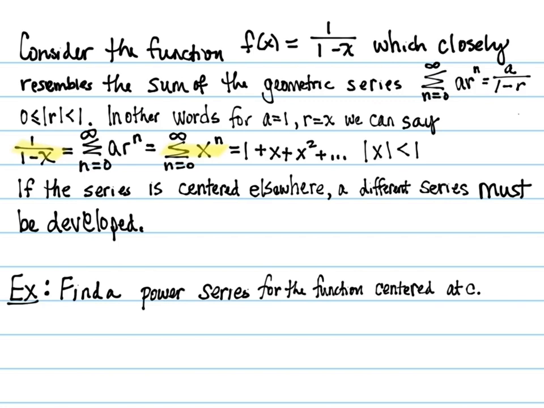And the function we're going to use is 2 over 6 minus x with a c value of -2.